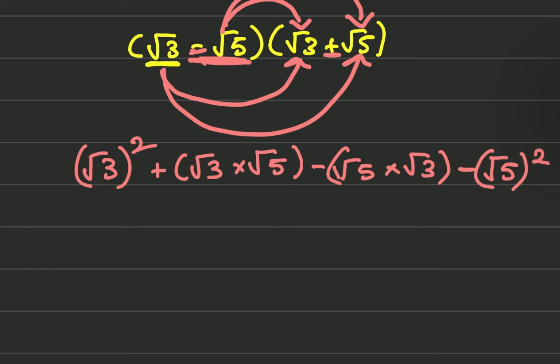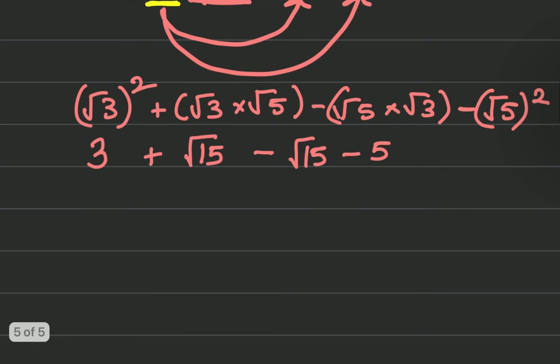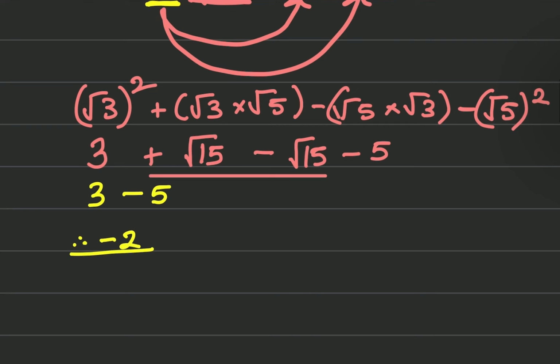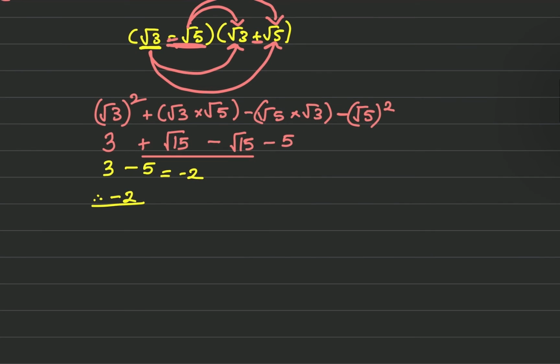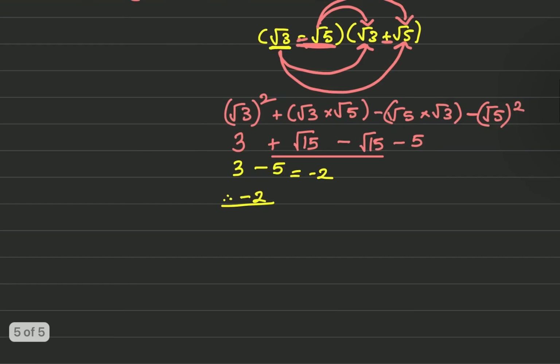That would give us 3 plus root 3 into root 5, simply root 15, minus root 5 into root 3, once again root 15, minus 5. So root 15 minus root 15 simply gives us a value of 0. So that's 3 minus 5, which gives us negative 2. So we know that the denominator is equal to negative 2.